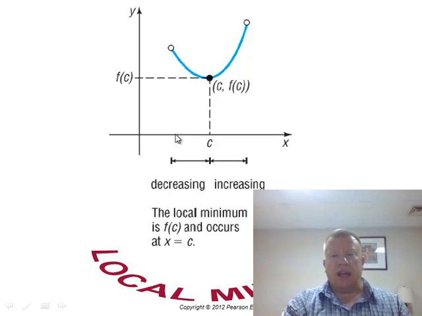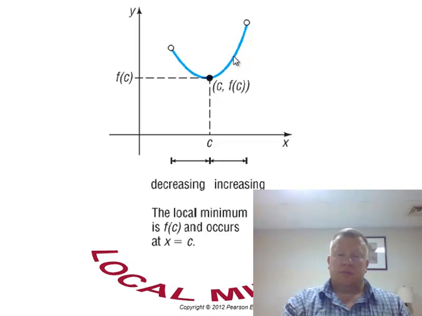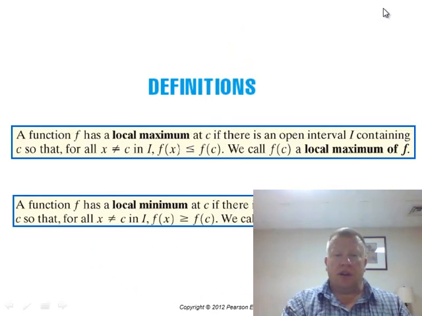And to the left of c, the function is decreasing, and to the right of c, the function is increasing in value. Okay? Moving along here. So here are the algebraic definitions to have a local maximum and local minimum values.